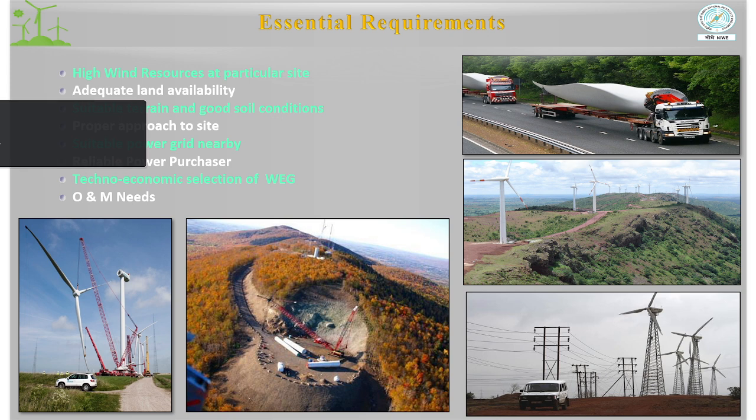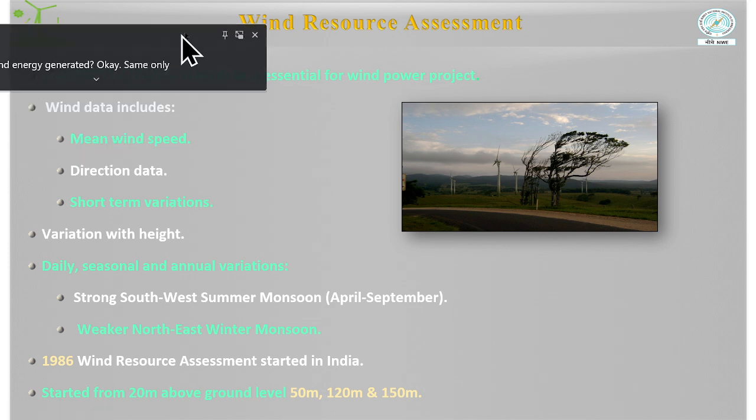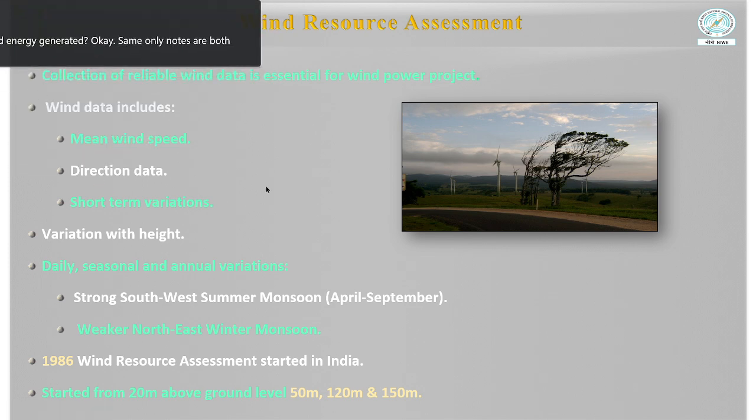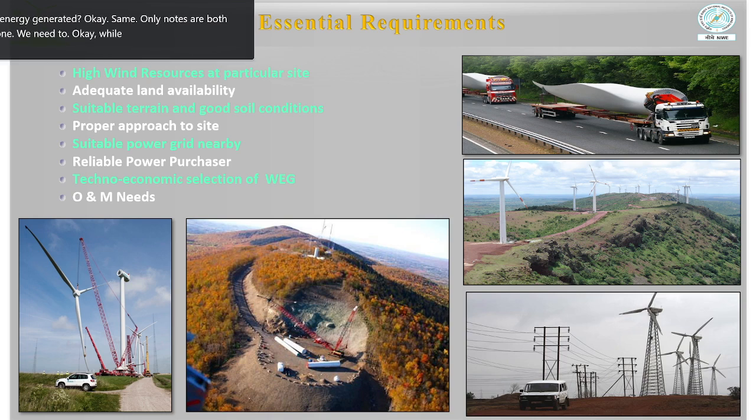O&M means operation and maintenance. While taking care of the O&M needs, you need easy access to the site. You should be able to take your supply chain easily if a blade has to be changed or a gear has to be repaired.